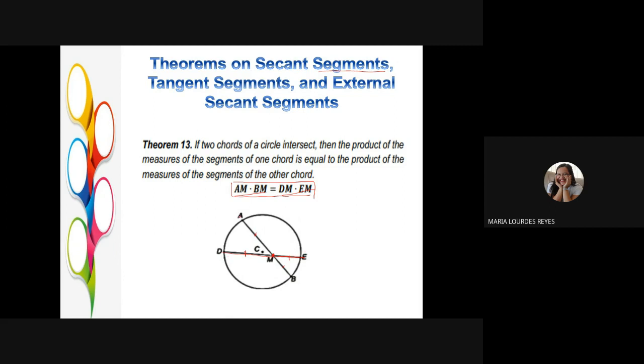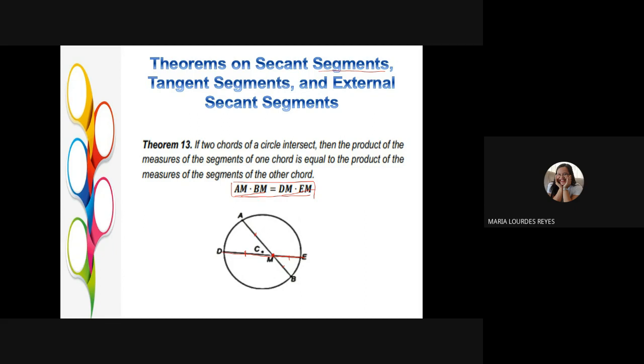Pero dahil kinat siya ng line segment AB, nahati siya into two. Ganun din naman yung line segment AB. So, para maintindihan natin yung theorem 13, yung dalawang parts na nabuo dun sa line segment DE, pag minultiply natin, equal siya dun sa dalawang parts na na-form ng line segment AB. So hence we have this one.